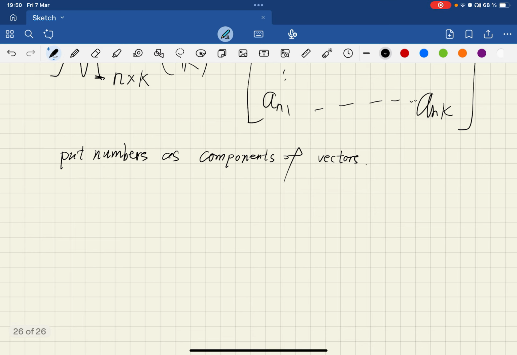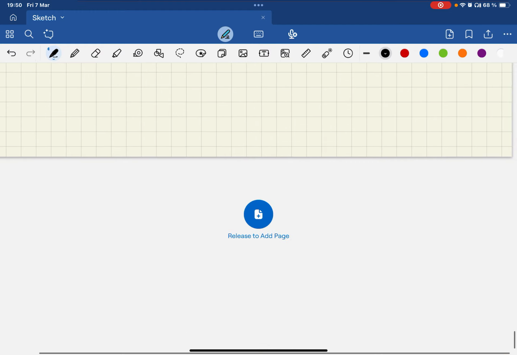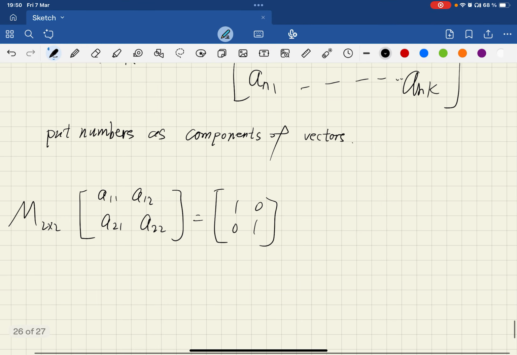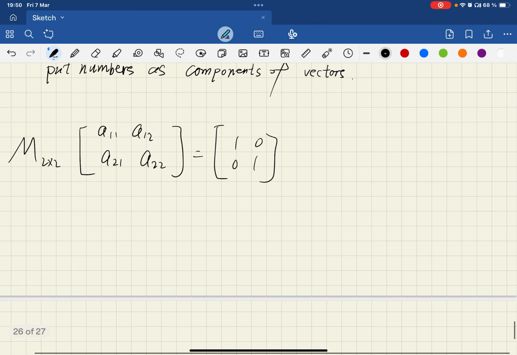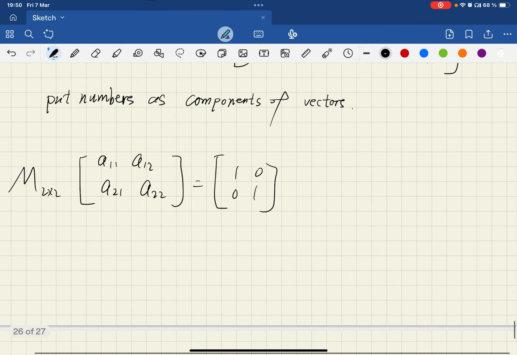And let's write a 2 by 2 matrix. Yeah. So as we see in the example, we have to define the multiplication.